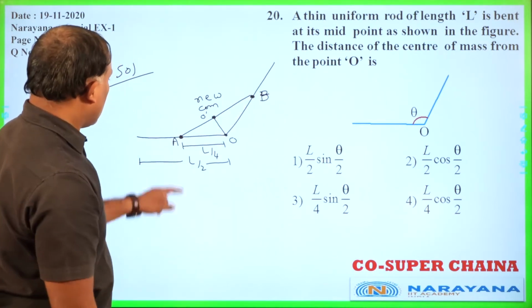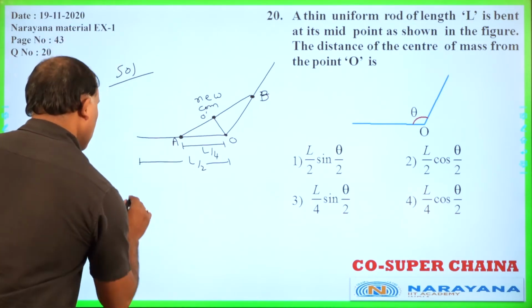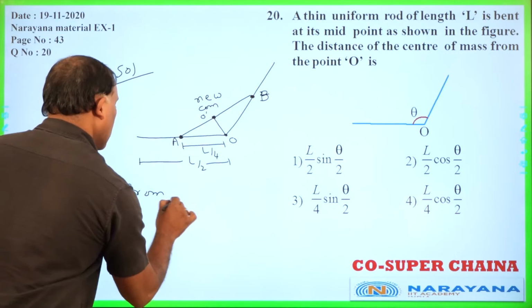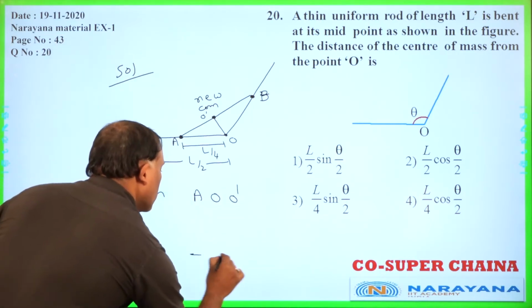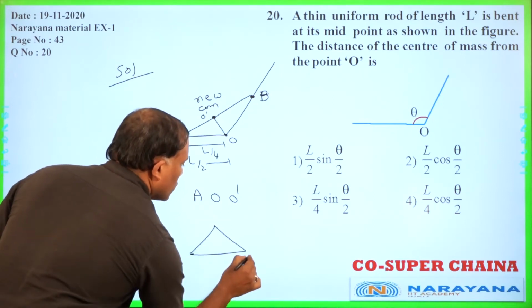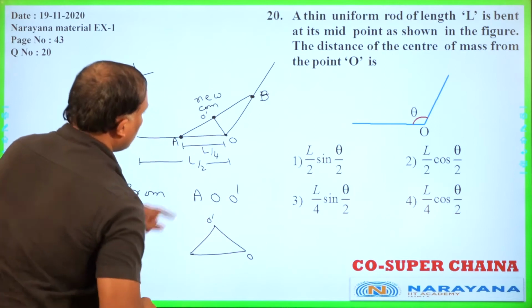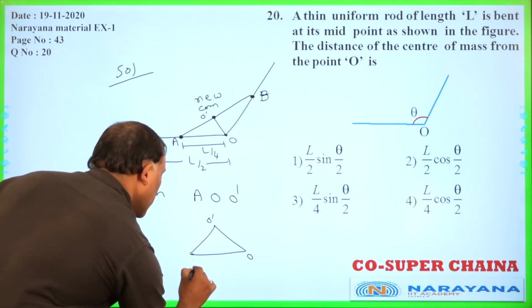Now I am taking triangle A O dash. You can see this is O dash, the new center of mass, and O is the original center of mass, and this is L by 4.